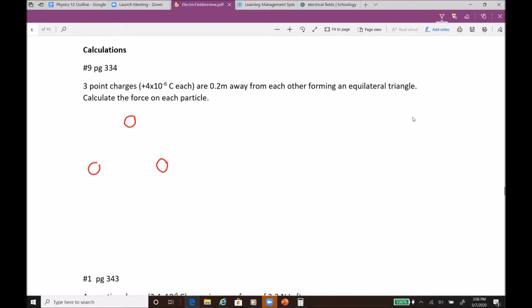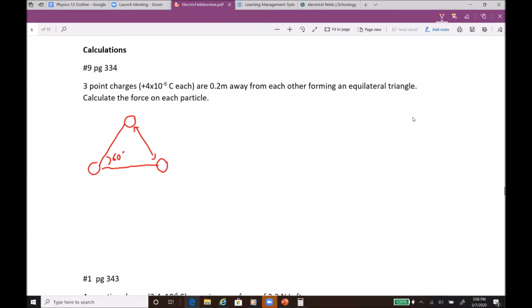They're all 4 times 10 to the negative 6 coulombs of charge each, and they're all 0.2 meters away from each other. So the sides of the triangle are 0.2 meters. It's an equilateral triangle, which means the angle is 60 degrees, right?